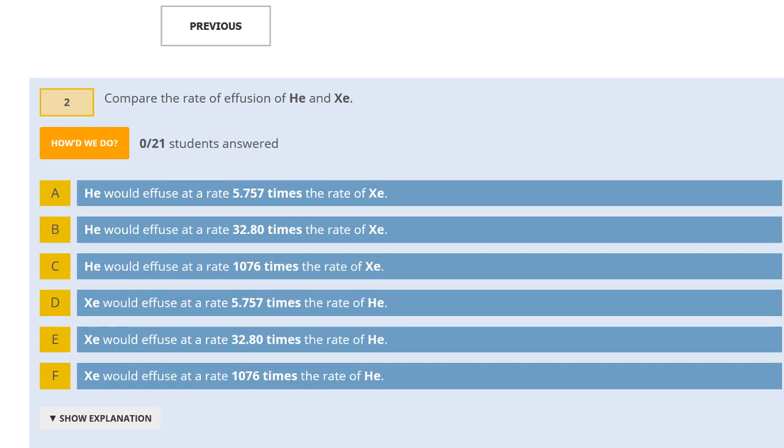Before you lock your answers in, I'd recommend that you compare with at least another neighbor or two to see if you're thinking the same thing.